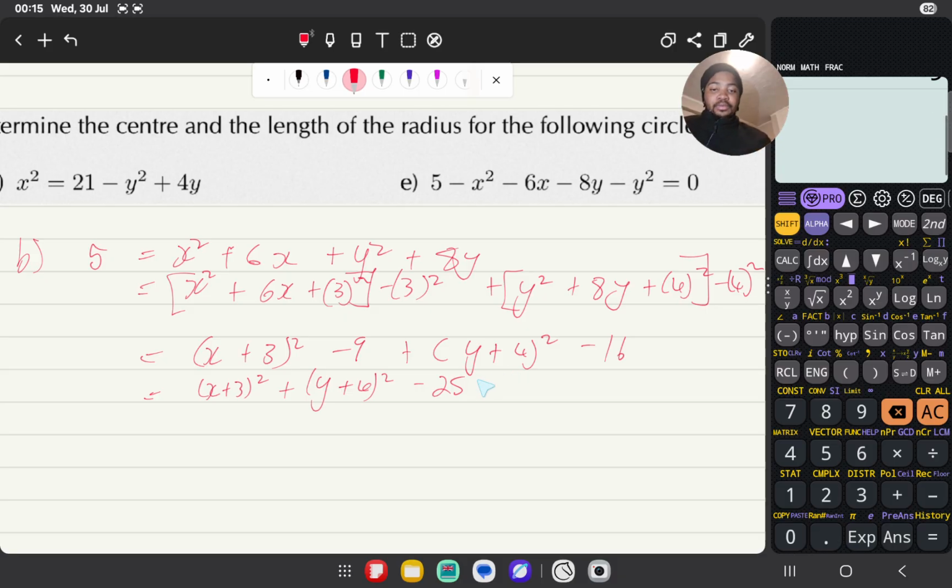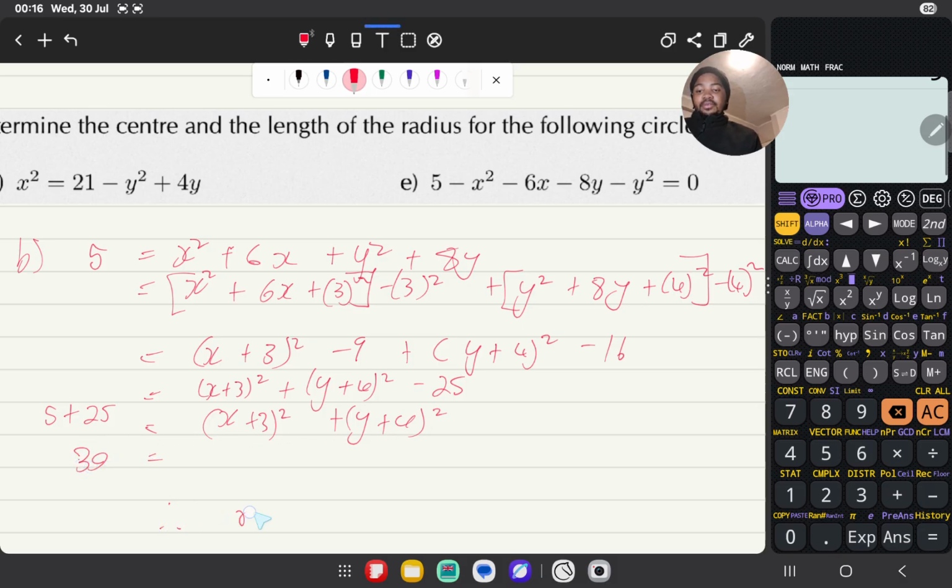So from this 25, you transpose it to the other side to say 5 plus 25, (x plus 3) squared plus (y plus 4) squared, and then you have this being equal to 30.